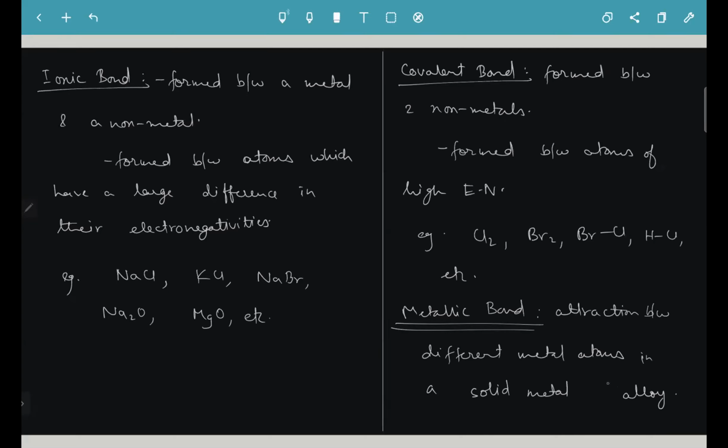So solid metals में और alloys में metal atoms के बीच का जो attraction force है, उसे bond बोलते हैं.